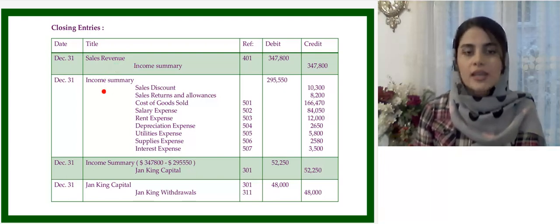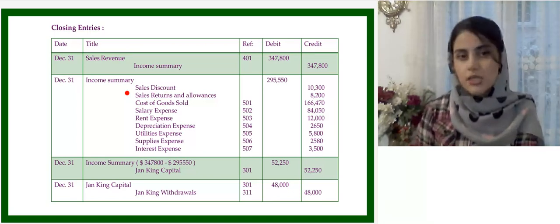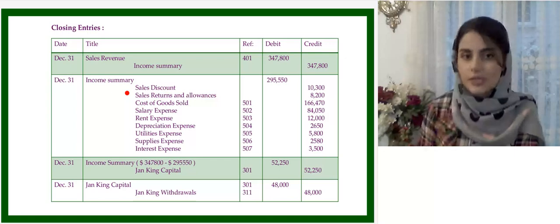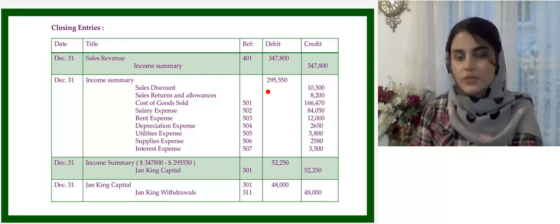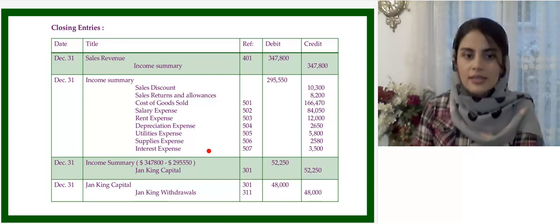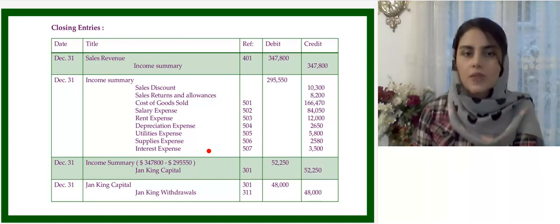And the next entry is closing the discount, the returns and allowances, cost of goods sold, and all the expenses to income summary. If we sum these amounts together, it gives us 295,550.